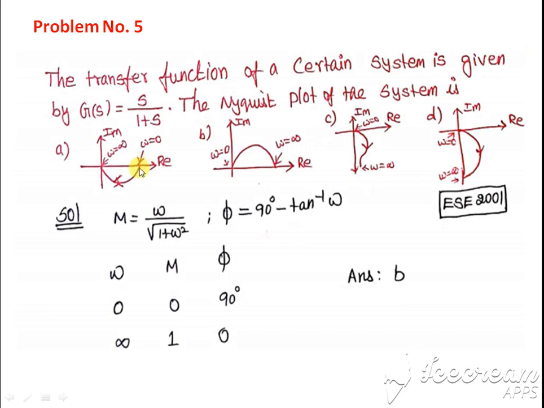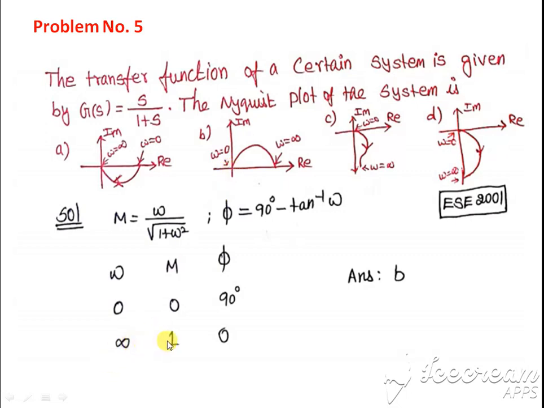Here the magnitude is some other value, so this is not possible. Here the magnitude is infinity, and this is also not possible. So either option D or option B is applicable. When omega is equal to 0, magnitude is 0.